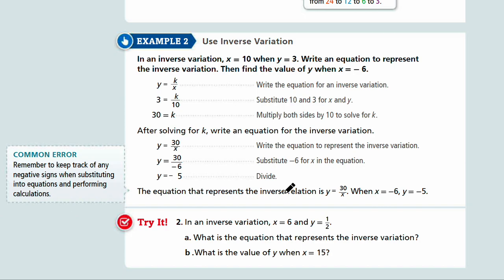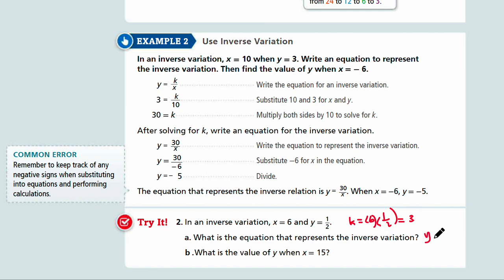Okay, are you ready? Just like we did in example 2, you're going to figure out the value of k by multiplying x and y, which is equal to 6 times 1/2, which means 6 divided by 2, which is 3. So k is 3.